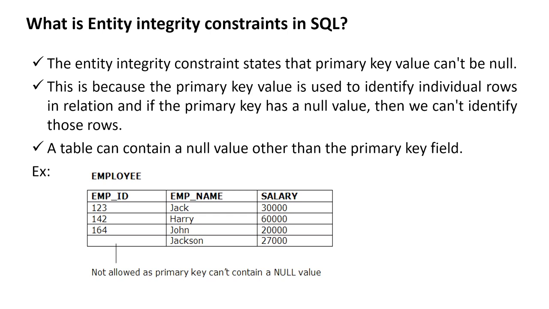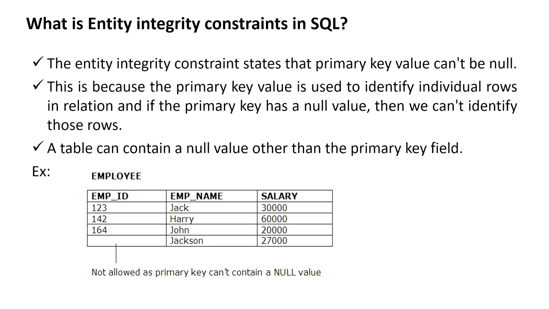What is an entity integrity constraint in SQL? The entity integrity constraint states that a primary key value cannot be null. This is because the primary key value is used to identify individual rows in a relation, and if the primary key has a null value, then we cannot identify those rows. A table can contain a null value in columns other than the primary key column.